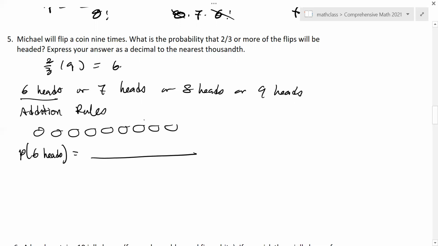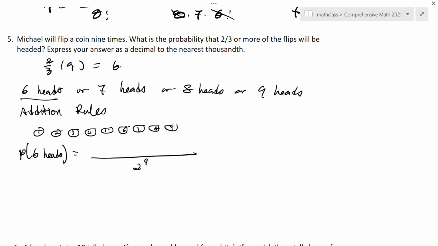The coins can be labeled 1, 2, 3, 4, 5, 6, 7, 8, 9. 9 coins, so first coin, second coin, third coin. For each coin, there are 2 options, heads or tails. So the total number of outcomes will be 2 to the 9th.